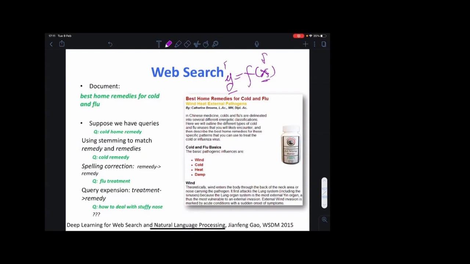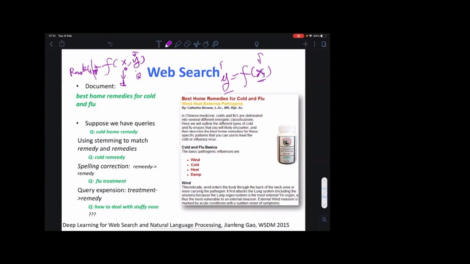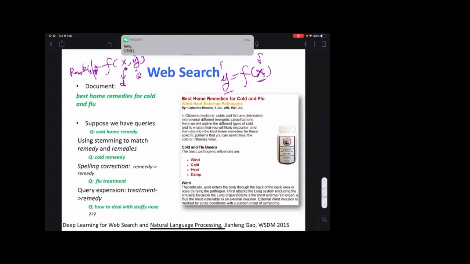But in ranking-based web search, the input could be an X and Y pair, and the output would be the ranking of X given Y. In this case, Y could be the query and X could be the document. So in other words, you have these two inputs and one single output.